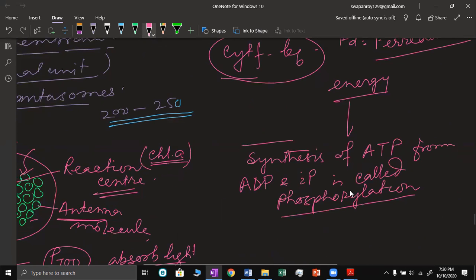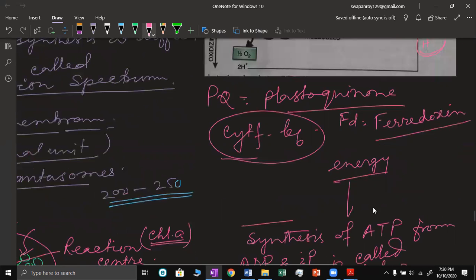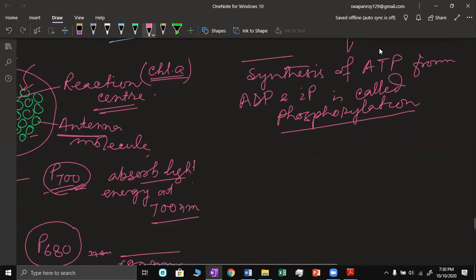But here again, for this process of ATP synthesis, energy is required. Is it? This energy is coming from light.